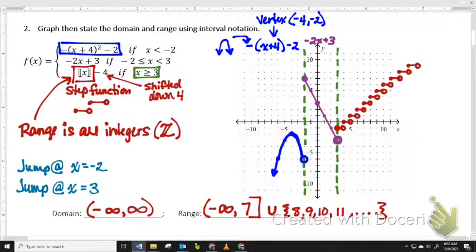Technically speaking, are there any other jumps? Yeah, my step function is full of jumps. I would have to jump each time. So we have jumps at x is like 4, 5, 6, all of those after that. I'm not going to ask you to list them all out. But I do want you to recognize them.